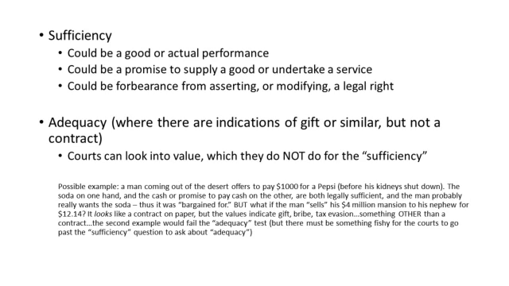They don't look into the subjective intent of people if they can find legal sufficiency. But if it's absurdly disparate values being exchanged, then courts will look into the adequacy question, and they balance whether or not there's a rough justification for the trade-off.